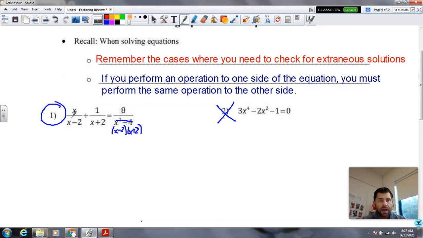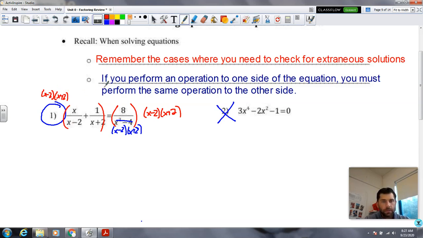So I'm going to multiply every one of these terms by just this common denominator, (x minus 2)(x plus 2). As long as I multiply every single term, and I'll distribute here and here, then I'm not unbalancing my equation. I'm keeping it what it needs to look like.